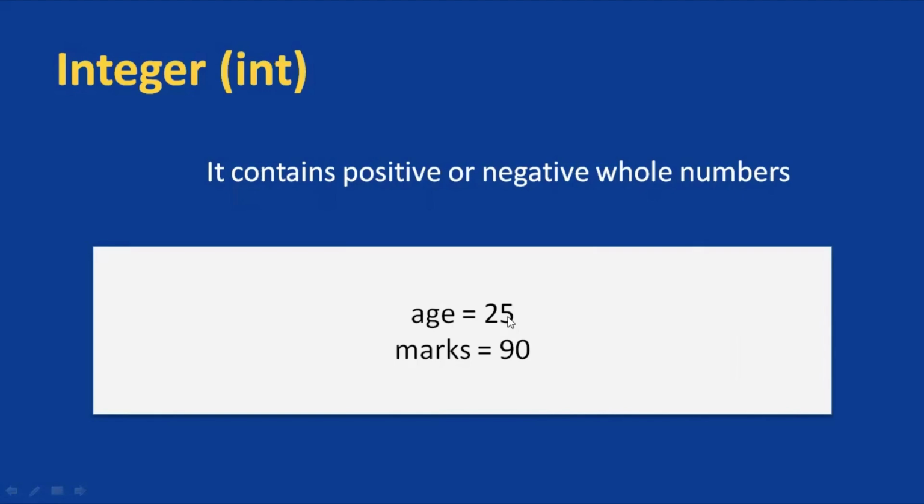Whatever the maximum number of digits, it doesn't matter. 25 can be stored in age, or 1 lakh or 10,000 lakh crore values can be stored in a variable like age or marks, whatever you want. It's nothing but a whole number. You can store a positive value or a negative value.